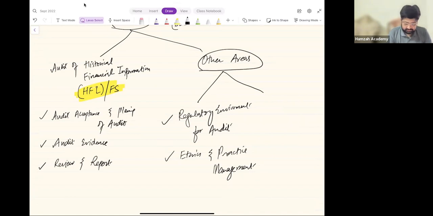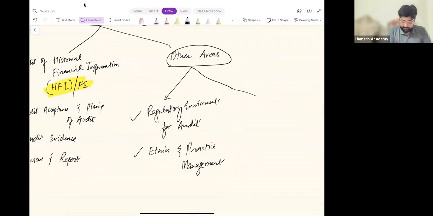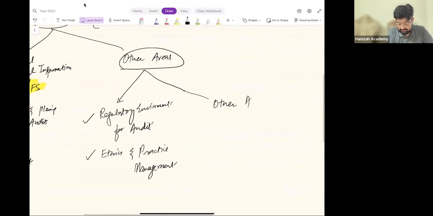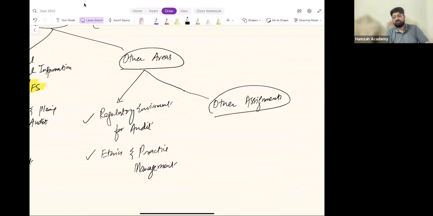Now, the next point. The second one is other areas, that is other assignments by auditor. Now, what are other assignments?